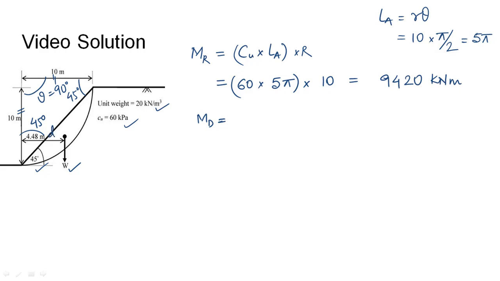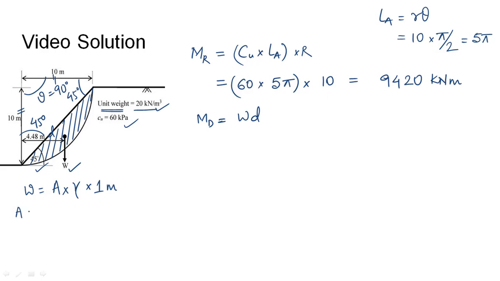Now we need to find the displacing moment, which is given as the product of the weight and the distance. So weight and distance. We need to find the weight here. That would be the area of this shaded circular segment. To find the weight, we need to take the product of the shaded region with the density, that is given here as unit weight, and we will assume unit length of 1 meter.